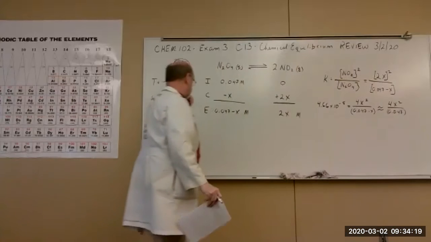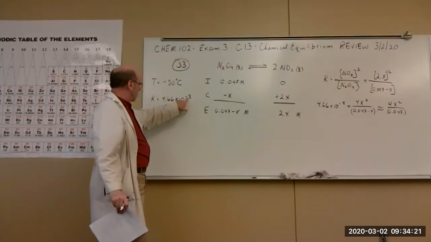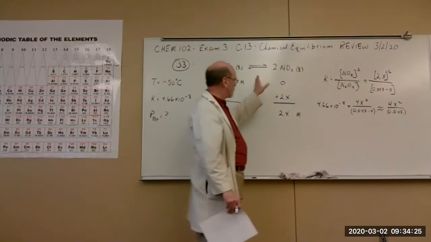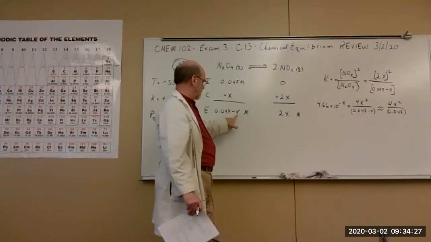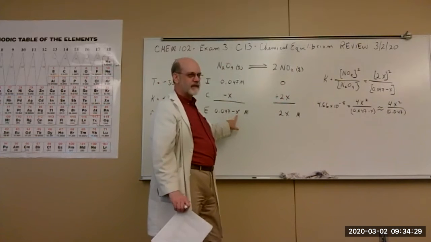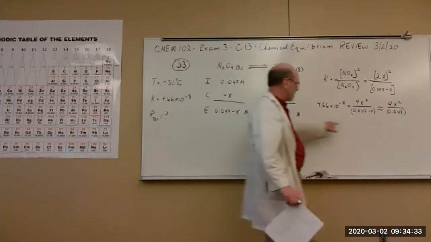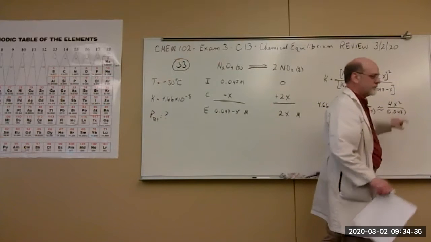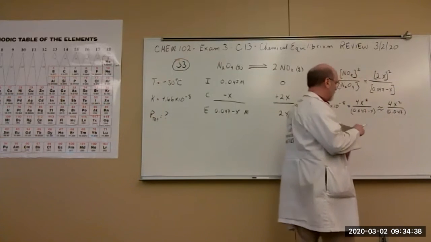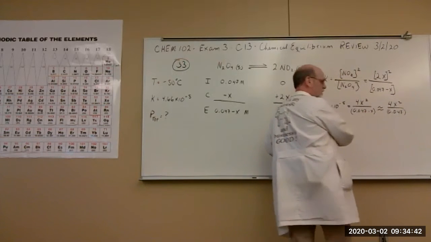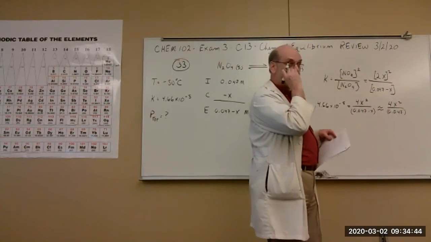Why can I say that? Because with 10 to the minus 8 producing product, it's going to use up such a little amount of this, we can estimate this value here as this value. Otherwise, if we keep the x and we solve, we're going to end up with a quadratic.